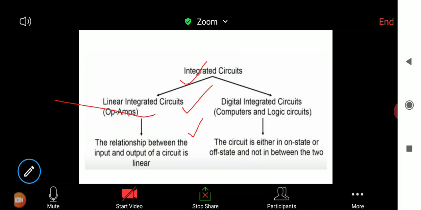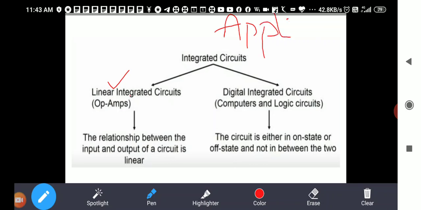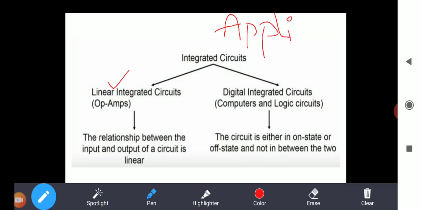Based on the application, these ICs are classified into analog ICs and digital ICs.